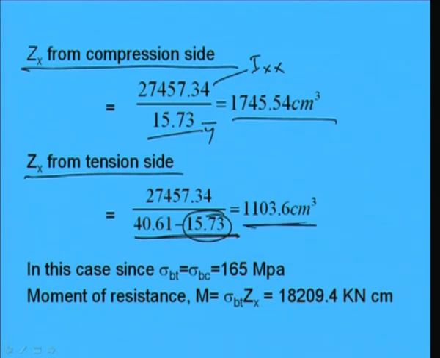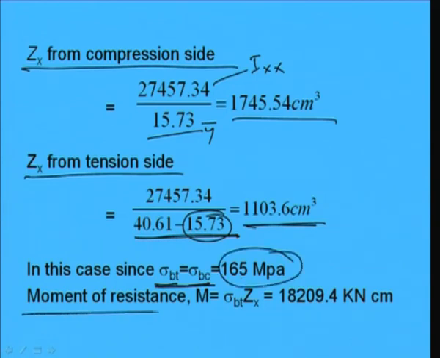So, this we are getting like this, 1103.6, right. In this case, as it is told that sigma Bt is equal to sigma Bc, because of laterally restraint, the question itself says that sigma Bc and sigma Bt can be assumed as 165.